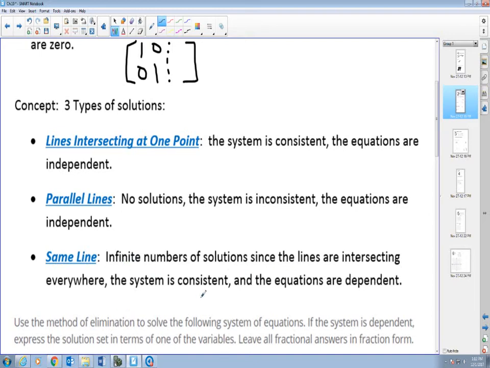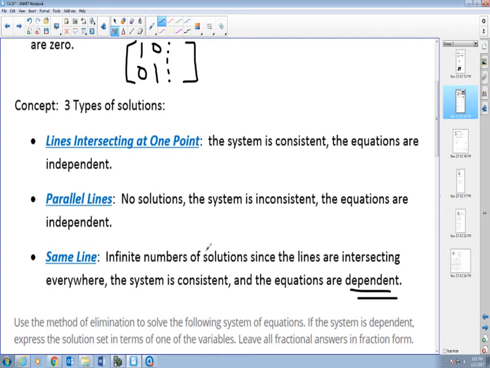The system is still consistent because we have solutions, infinitely many, but the equations become dependent. Dependent simply means that one equation depends on the other one. For them to be the same line, if one line changes, the other one also has to change. Now when we graph it and my 2 lines are parallel, that means I have no solution.